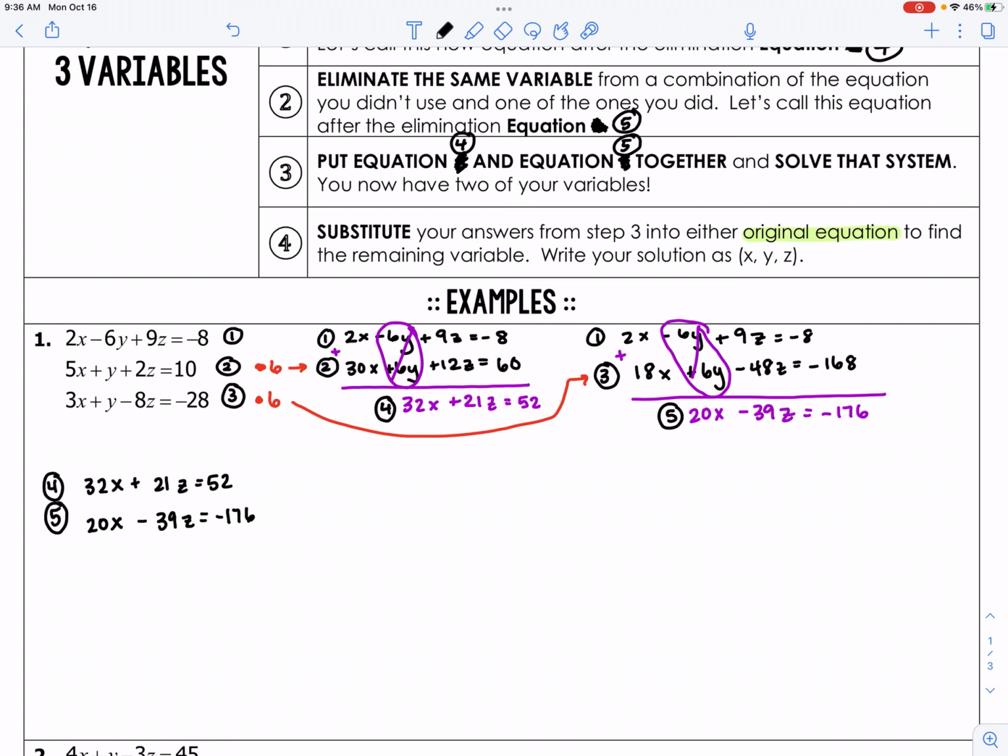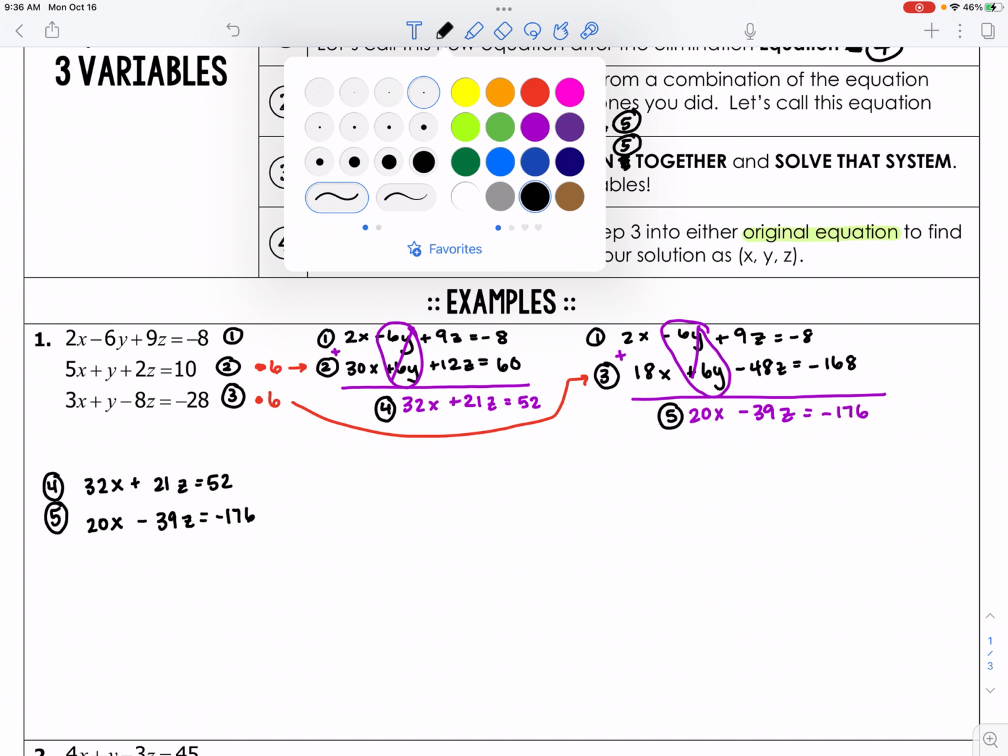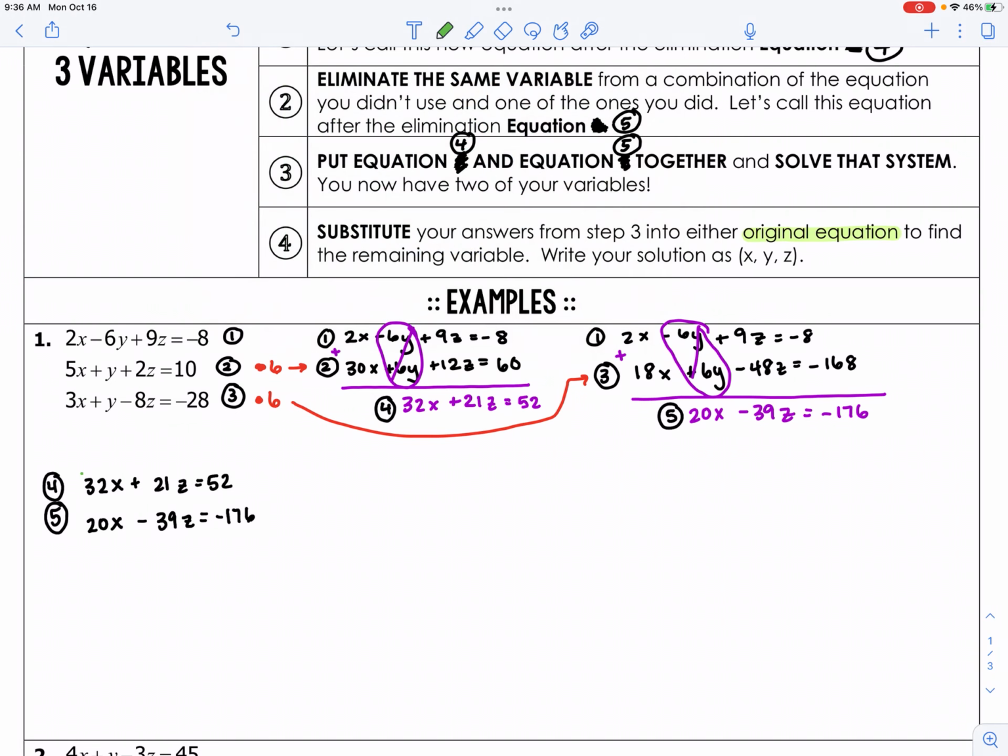My least common multiple is going to be 160. So I need to multiply this whole thing by 5, and then I'm going to multiply this one by a negative 8. And that's going to give me a zero pair with a 160 in front.